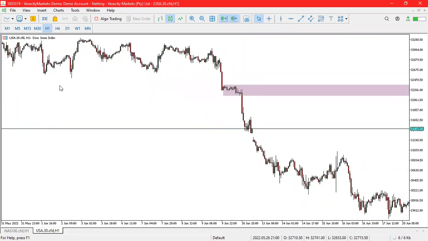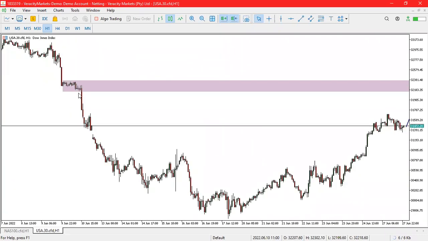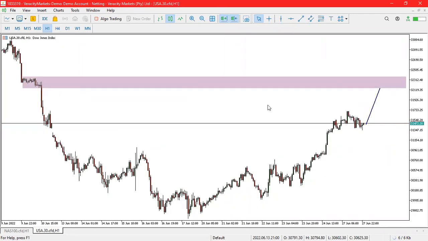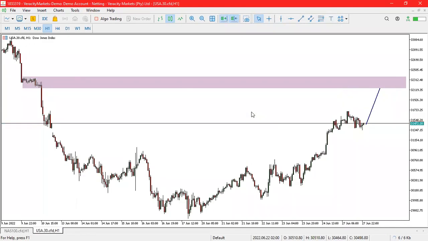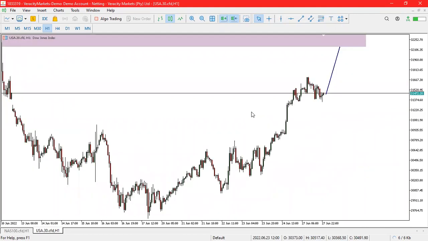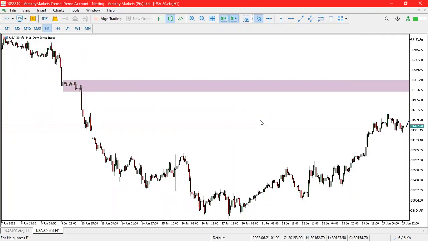You see the order block that I was talking about? This is USD on the hourly chart. Then check NASDAQ. You can be fooled. You think maybe this level is already retested, but then check USD. USD is showing that you are still far away from that level. It's simple like that.